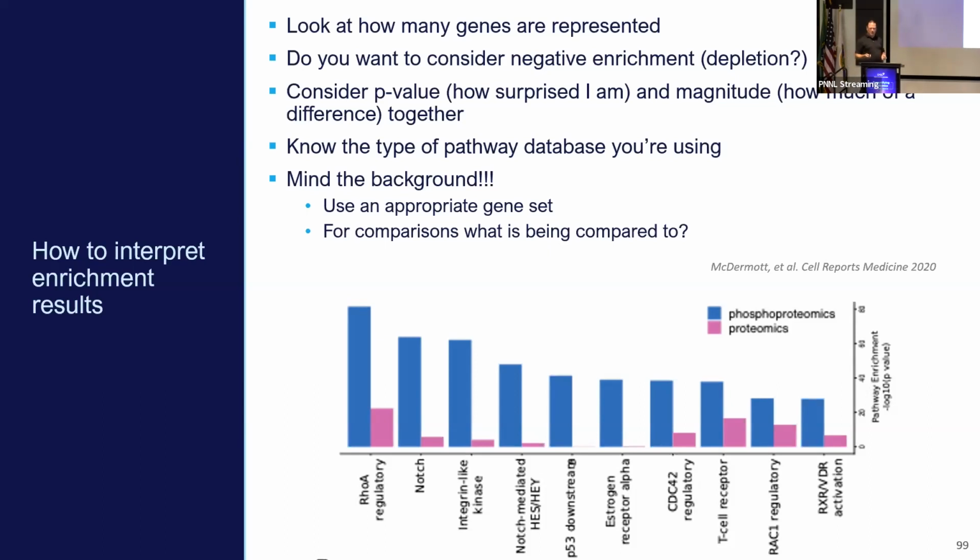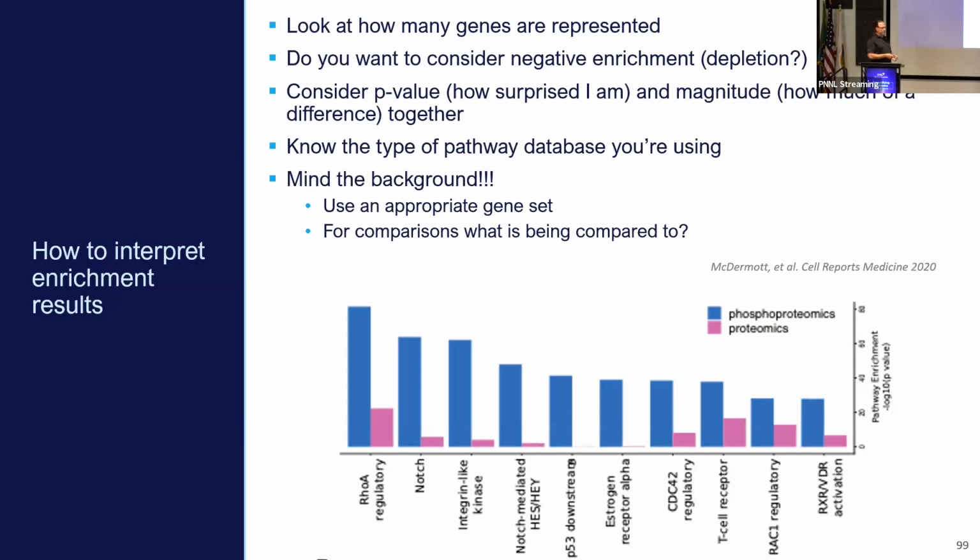Again, with transcriptomics, your background is generally everything that you've observed. With things like proteomics or other kinds of comparisons that you might make, the background gets to be pretty important and it can actually be a thorny thing. So sometimes just the choice of a background can make certain pathways seem really enriched, which is something to be cautious about. This is an example, again, from proteomics and phosphoproteomics, very similar.